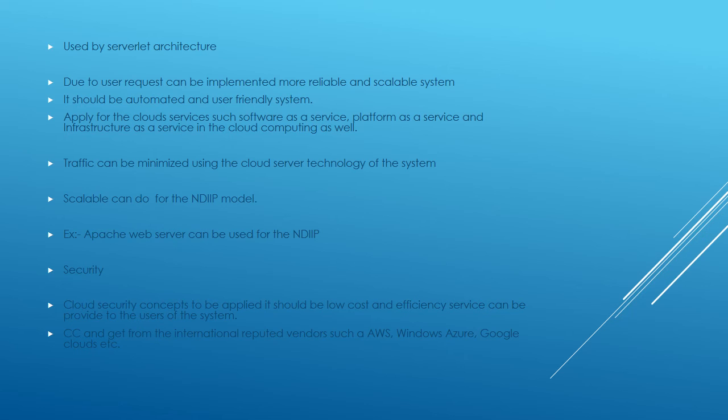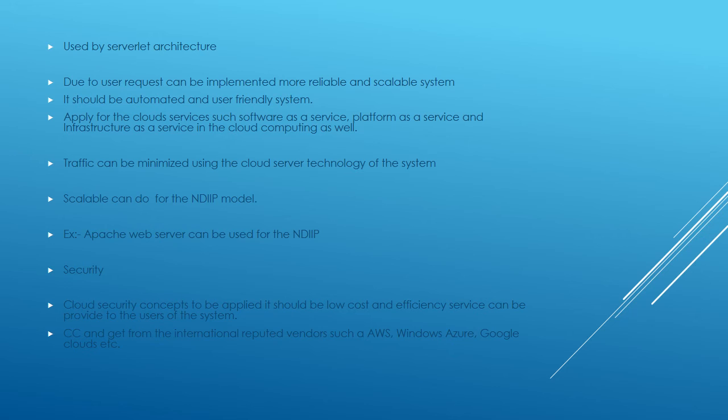Should be user can access easily and apply for that cloud servers such software as a service, a platform as a service, and the infrastructure as a service in the cloud computing as well, and cloud technology also. And traffic can be minimized using cloud server technology of the system, scalable, and can do the NDIIP model.